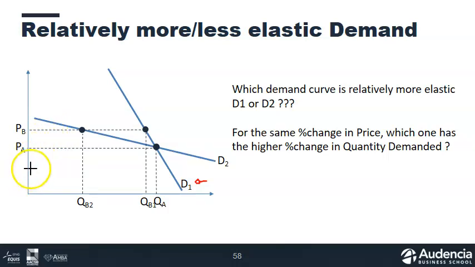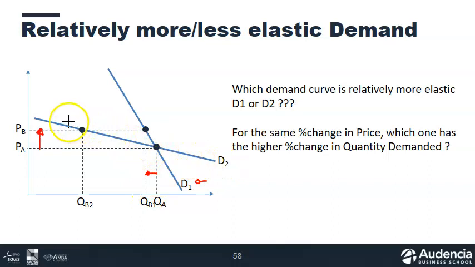So the price looks like it's going up about 50% maybe. Okay, so we have this increase in price. What happens to the quantity demanded? Well, as prices rise on this demand curve, we can see that the percentage drop in the quantity demanded is quite small. So this demand curve looks like it's not very elastic. We increase the price of a good and people buy less, but not a lot less.